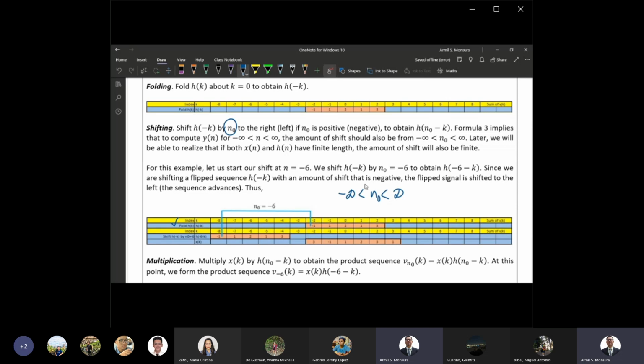Okay, that should be the amount of shift we will do.